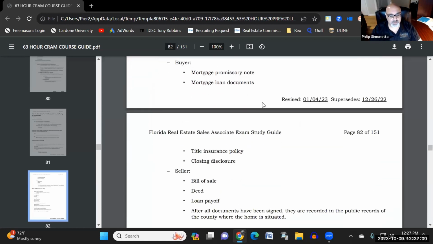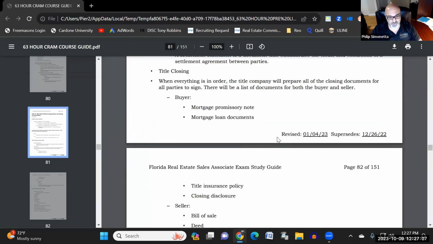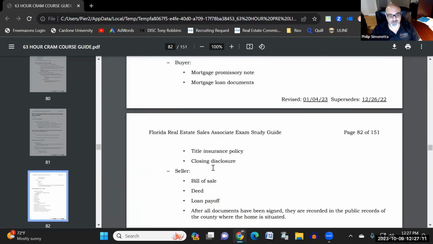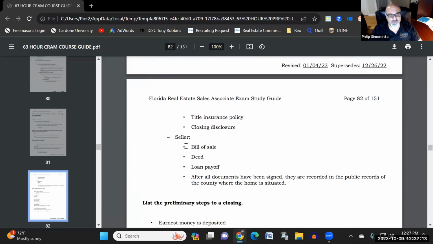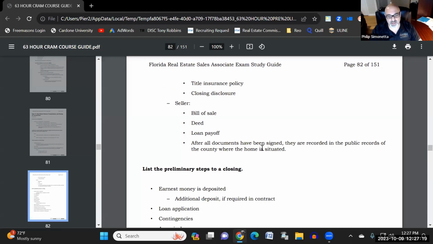There's also some other documents, but the main documents, the buyer signs a promissory note, the mortgage loan documents, the title insurance policy, and the closing disclosure. The seller will sign a bill of sale, the deed, the loan payoff if they're paying a loan off. And after all the documents have been signed, they are recorded in the public records in the county where the home is situated to give constructive notice, right?